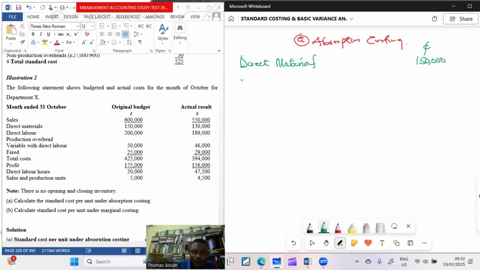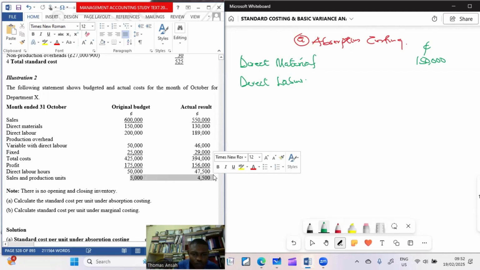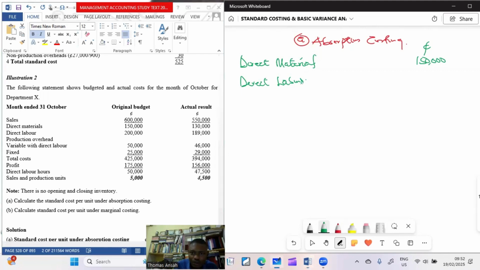You will need direct labor, won't you? So direct labor. All right. So you need direct labor. Usually find out. So this means that this is what I'm looking for: the product quantity. So this is the quantity we are looking at, the sales and the production unit. All right. So direct labor.